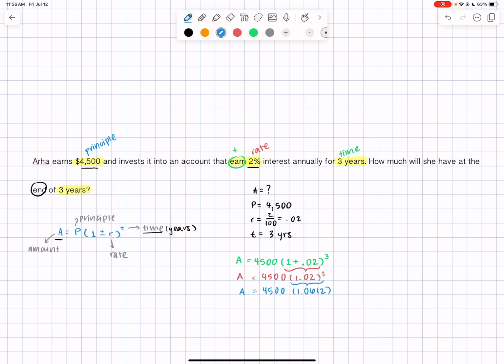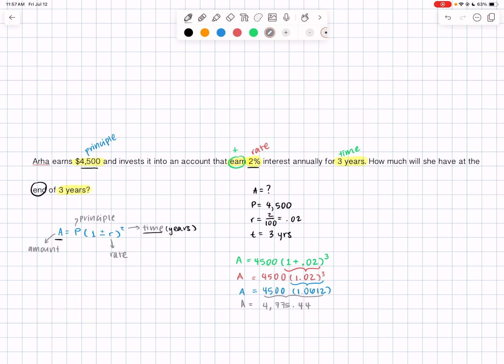And then last but not least, we're going to multiply 4,500 by this number. So times 4,500, we get A equals $4,775. We're going to have to round to 2 decimal places, and 44 cents.